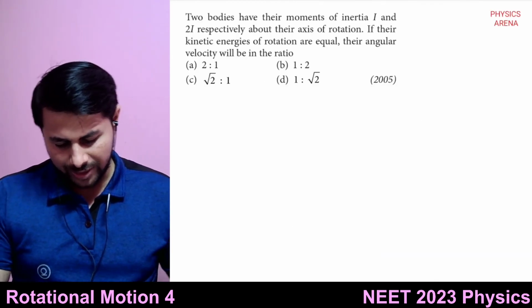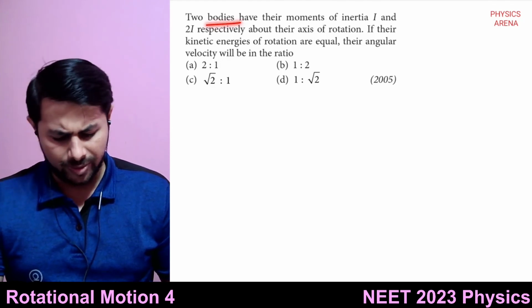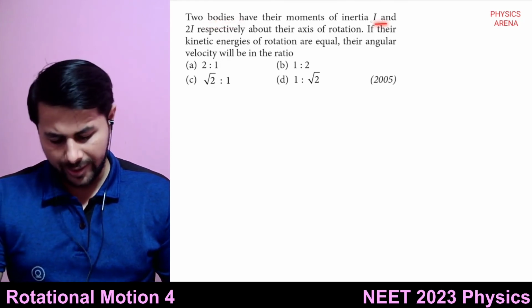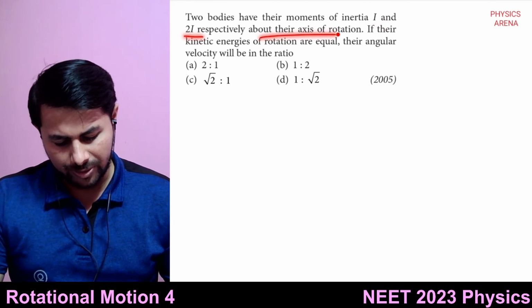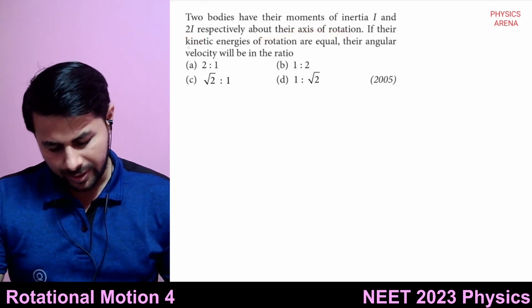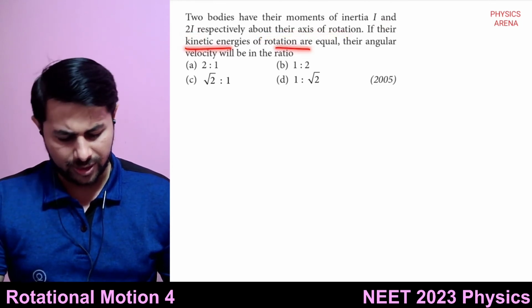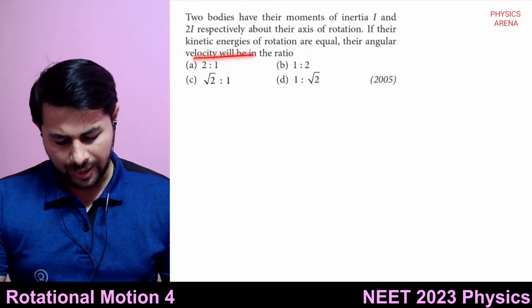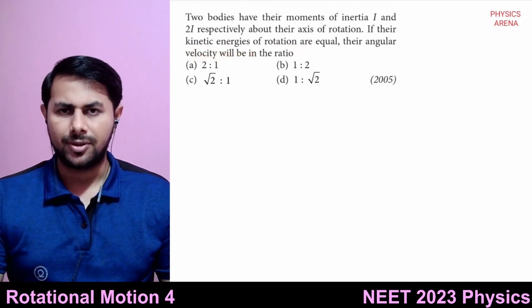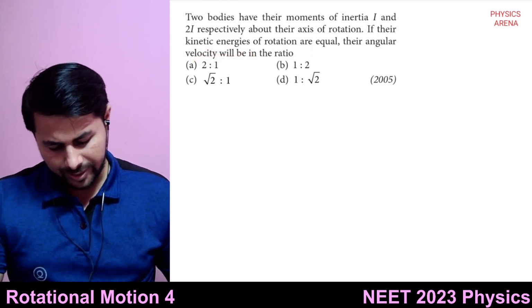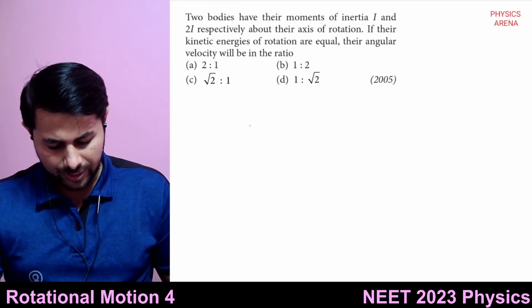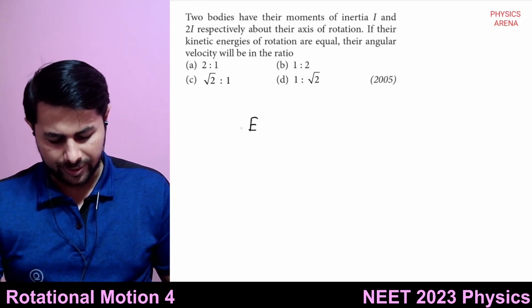So let's move on to the next question. Two bodies have their moments of inertia I and 2I respectively about their axis of rotation. If their kinetic energies of rotation are equal, their angular velocity will be in the ratio. Okay, very straightforward, right? So kinetic energy is equal.